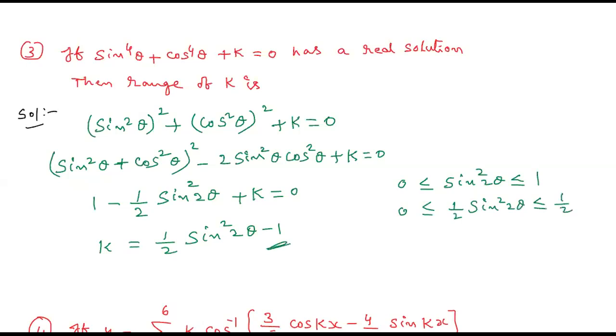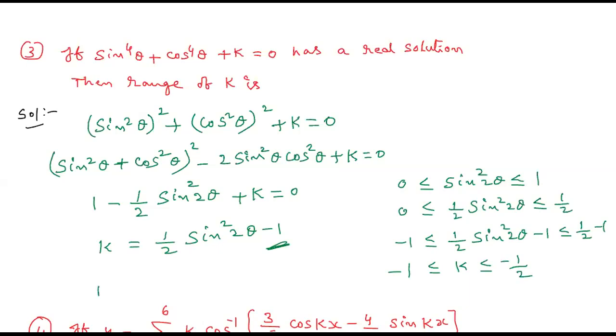Here, what is extra? Minus 1. Add minus 1 on both sides. So minus 1 is less than or equal to (1 by 2) sine square 2 theta minus 1, which is less than or equal to 1 by 2 minus 1. Now this is minus 1 less than or equal to k, and k is less than or equal to 1 by 2 minus 1, that is minus 1 by 2.